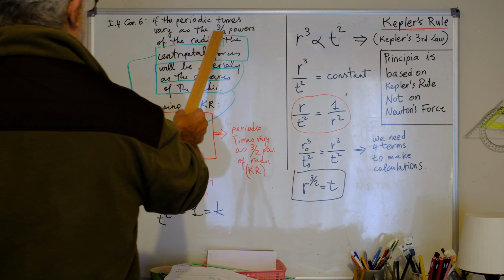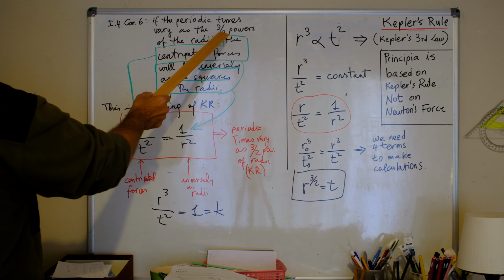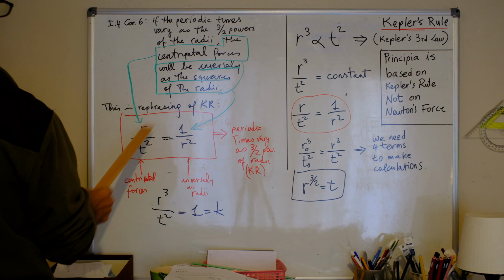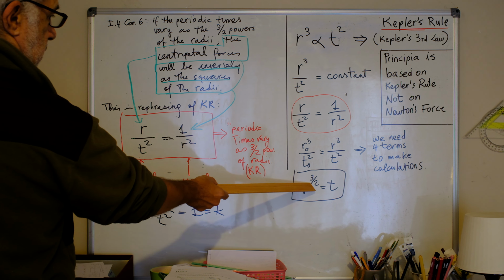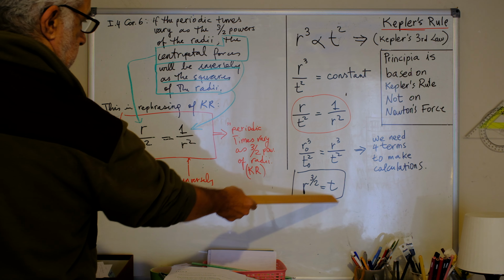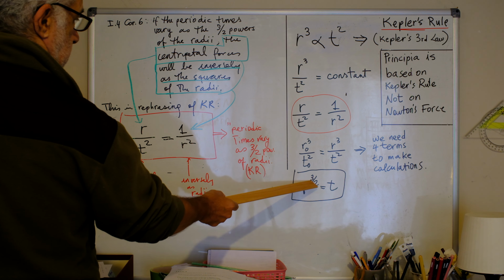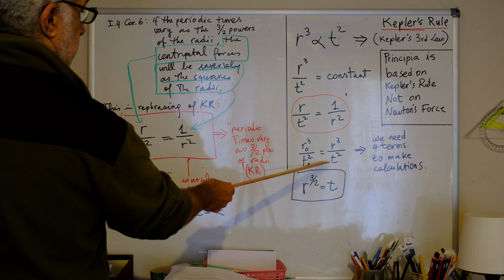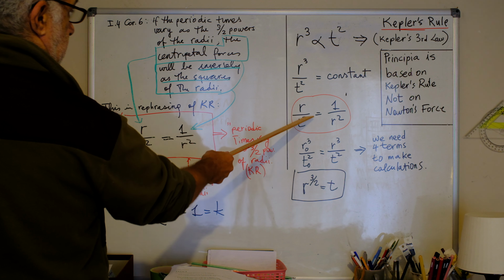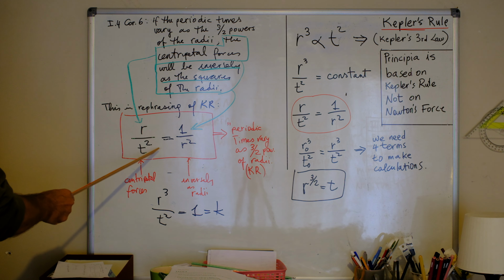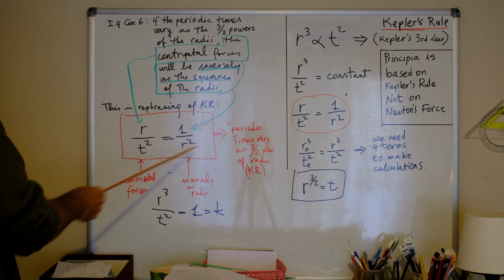If the periodic times vary as the 3½ powers of the radii, the periodic times vary as the 3½ power of the radii. So we can write this like this too, and this one Newton does. He writes it like this.